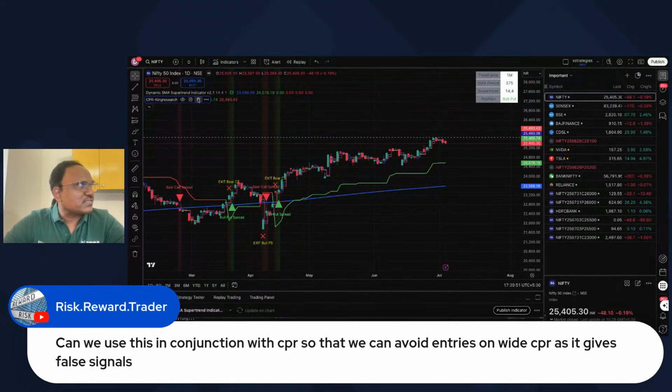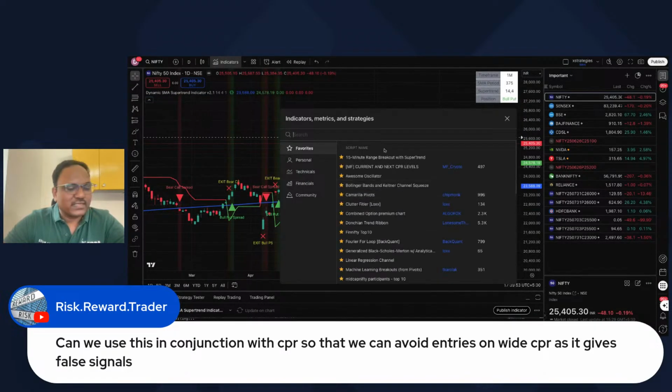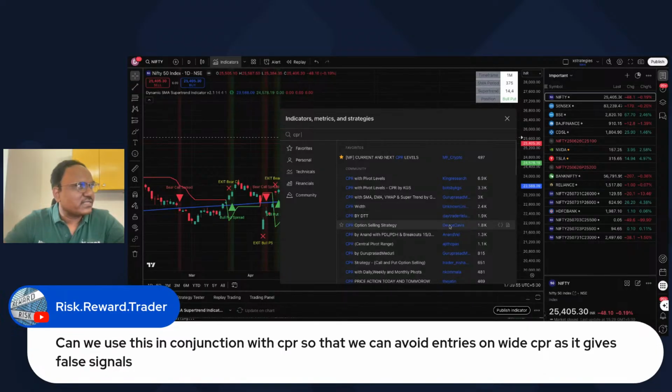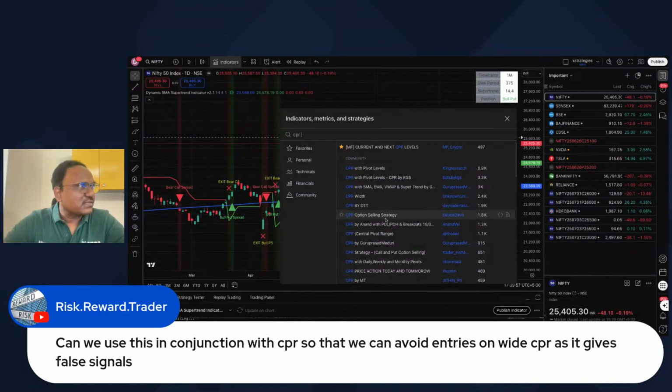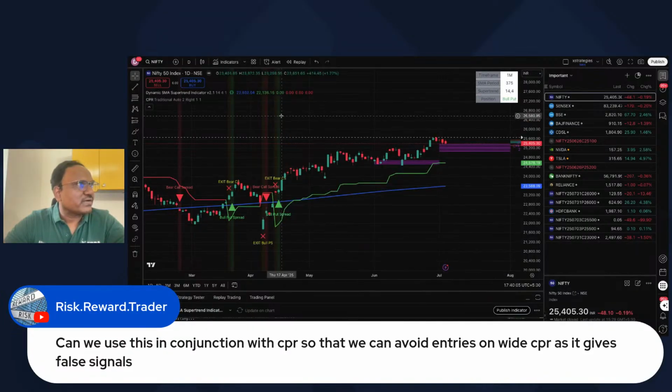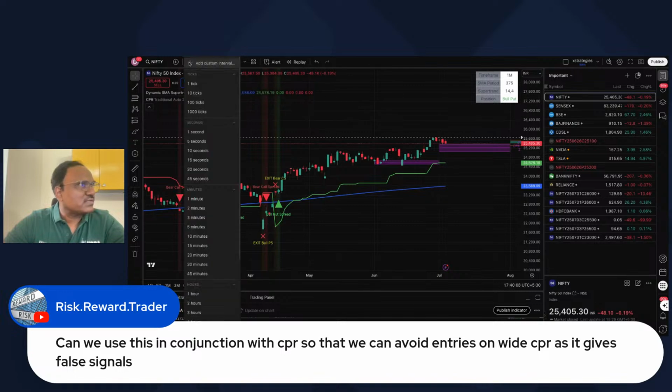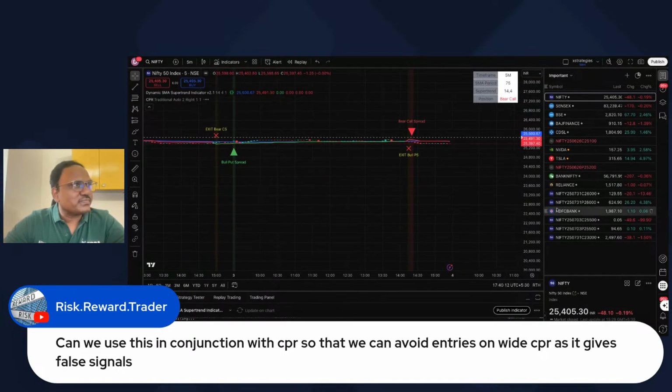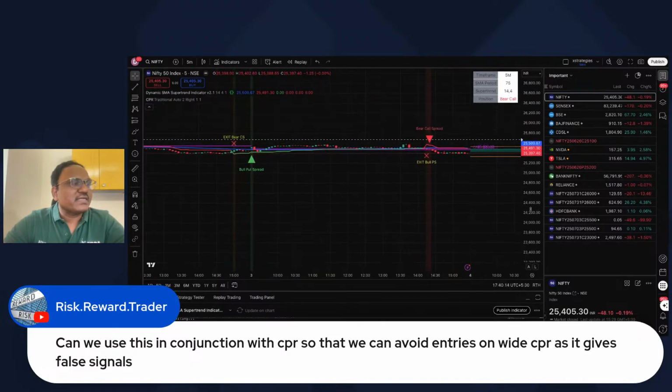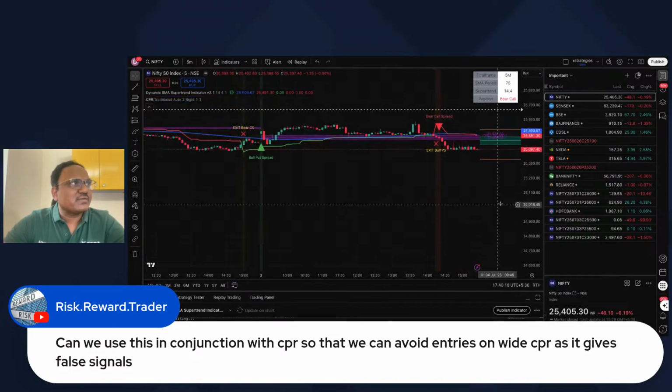This is very confusing CPR. Any good CPR? I actually use Kite for the CPR. Okay, this is good. Let's look at, let's say 5 minutes, right? So you can actually see a trending CPR, for instance.